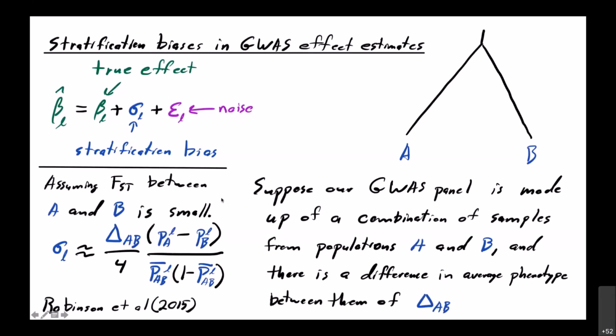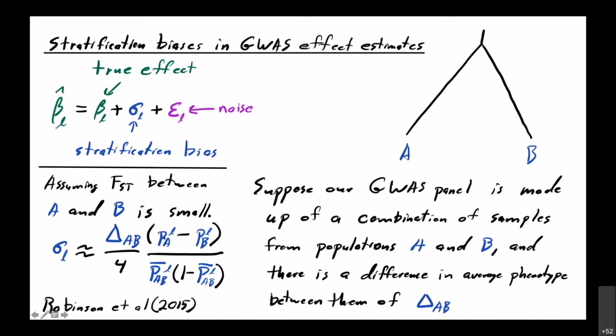Now, assuming that FST between A and B is relatively small, we can write this stratification bias term for our effect size estimate as the product of a few different terms. One is this difference in phenotype between the two of them. And then it's going to be that times the difference in allele frequency between populations A and B at this particular site.